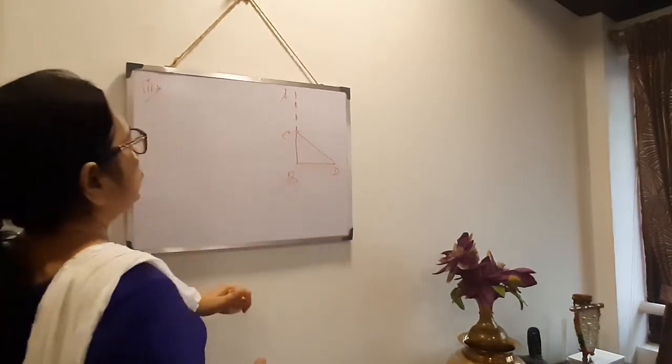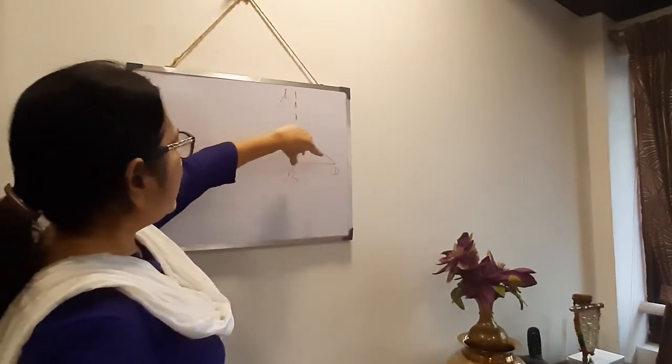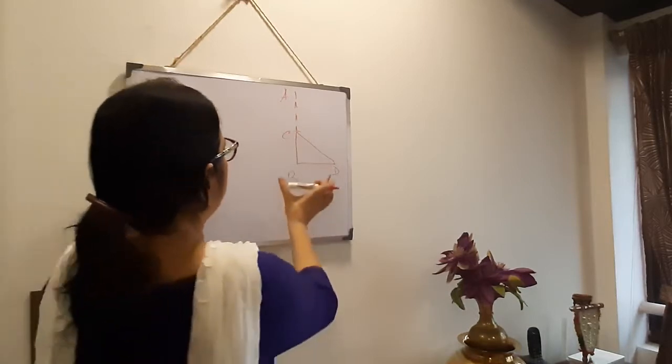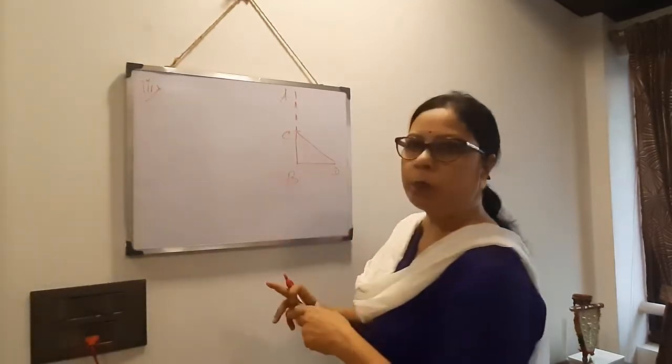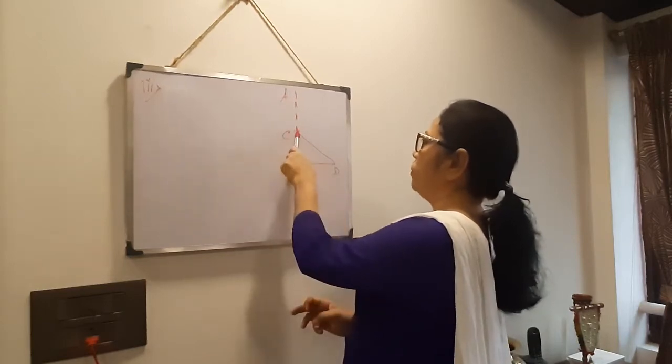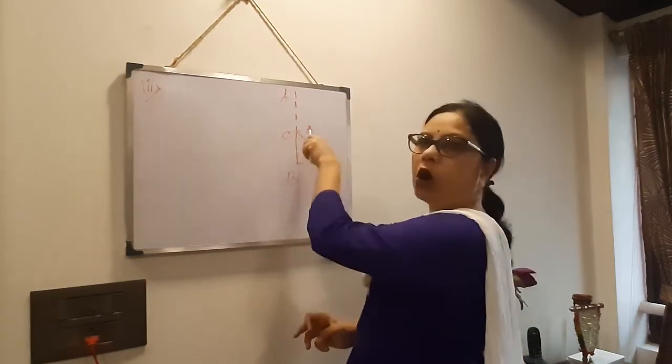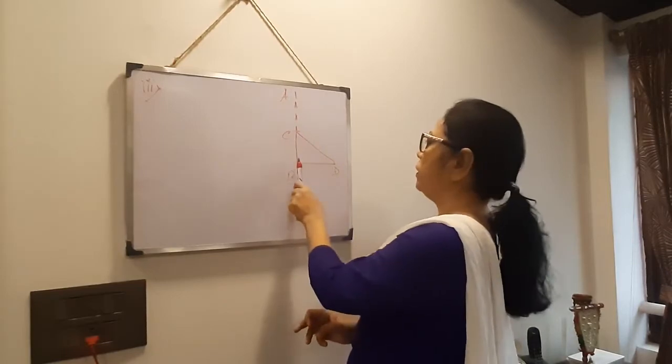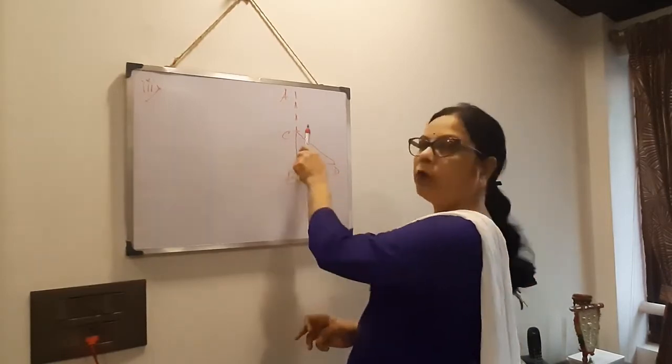Clear? So it is told that now the distance of the top of the tree from the foot of the tree is same as the present height of the tree. That means it is told that BD equals to BC.